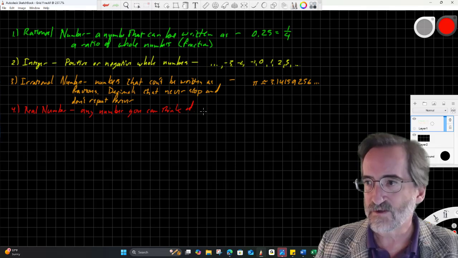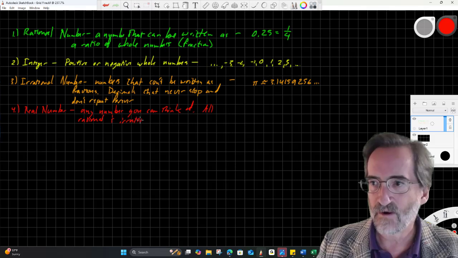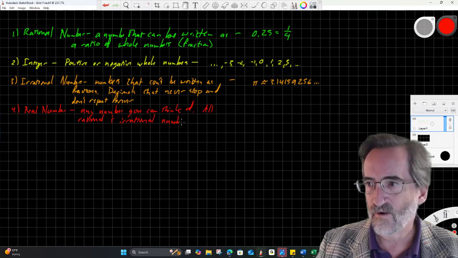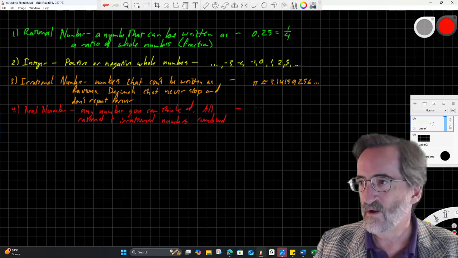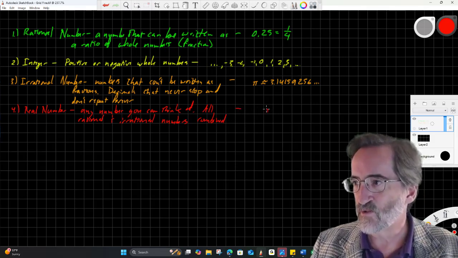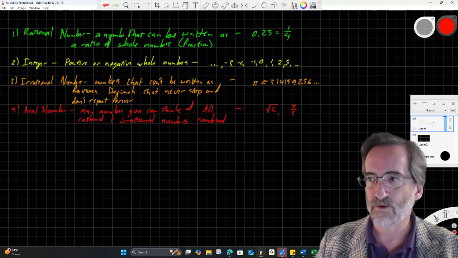Okay, it's all rational and irrational numbers combined. Okay, so square root 2 is an irrational number. 4/5 is a rational number. They're both real numbers.